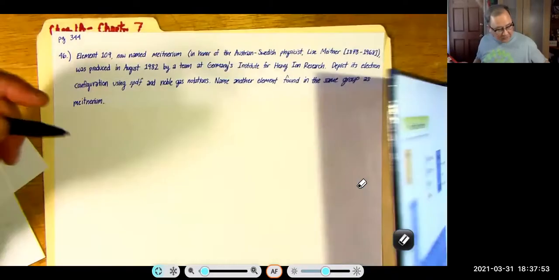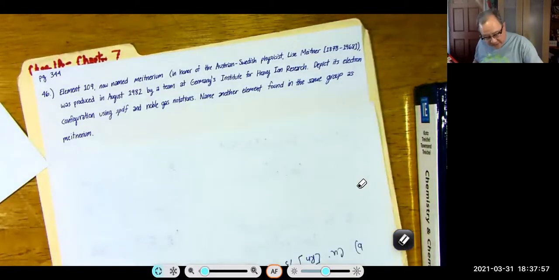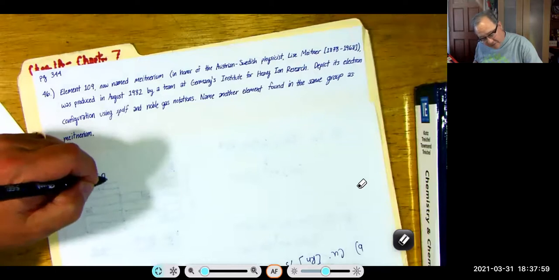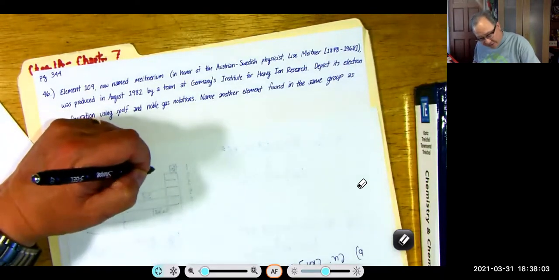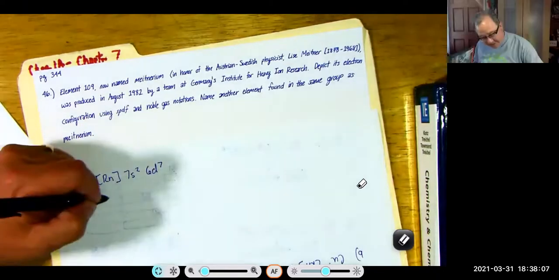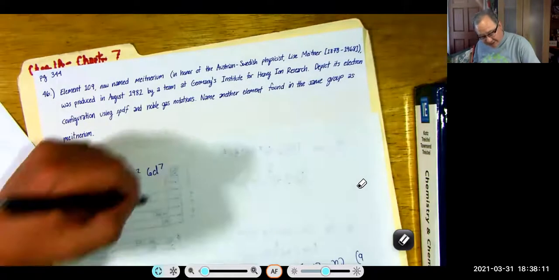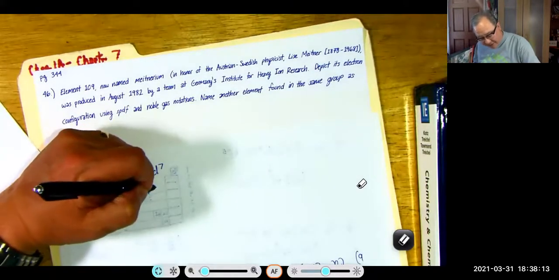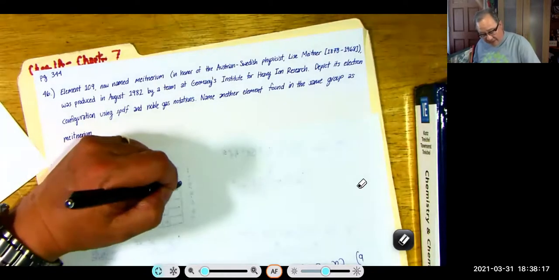So what you have so far is radon, 7s2, and 6d7, correct? Radon has 86, 7s2 has 2, 6d7 has 7, and that adds up to 95, not 109.